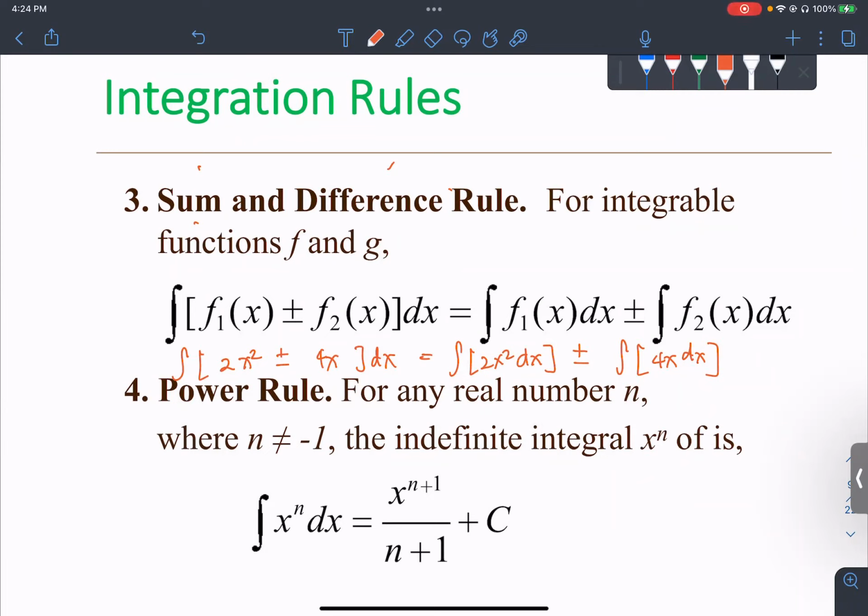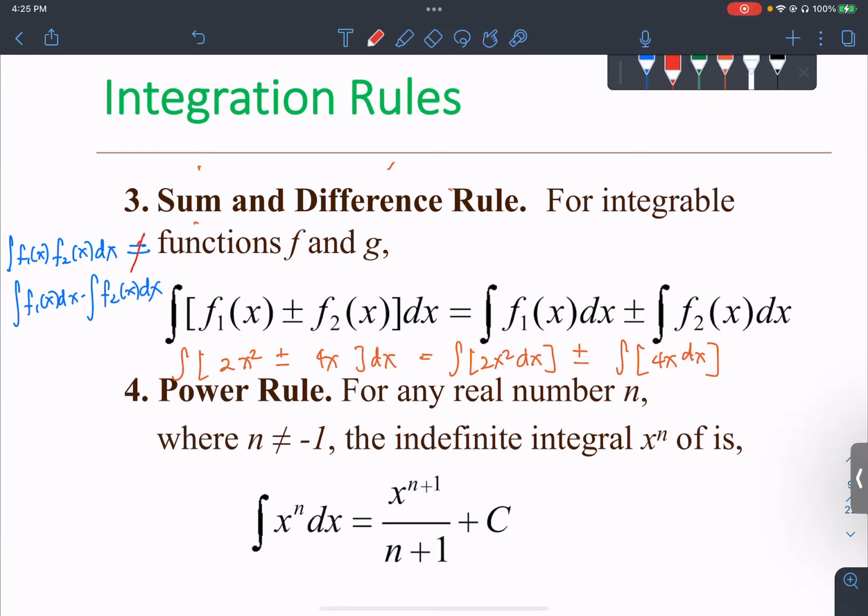Let's say, for example, I was given the integral of f1 of x times f2 of x dx. Is it equal to the integral of f1 of x dx times the integral of f2 of x dx?